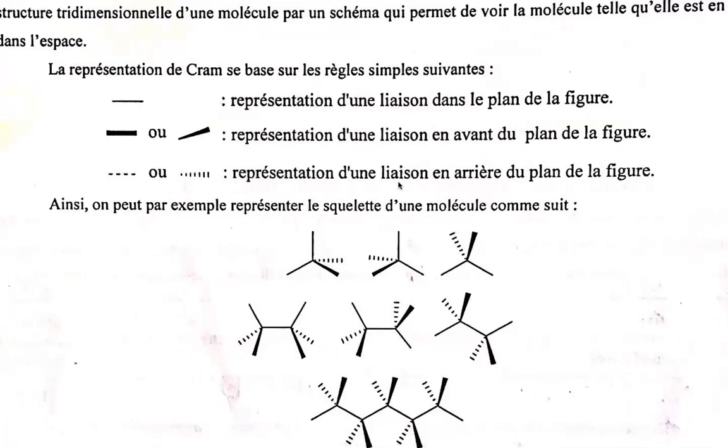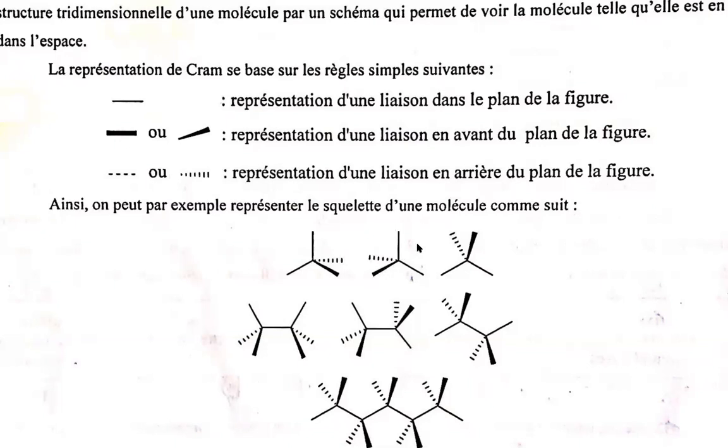So the dotted lines represent the molecules or substituents, depending on whatever you are looking at, that are behind the page. Then the 2 straight lines, there will always be 2 straight lines. They represent the molecule in the plane. Then the last one is the wedge, the bold dash.